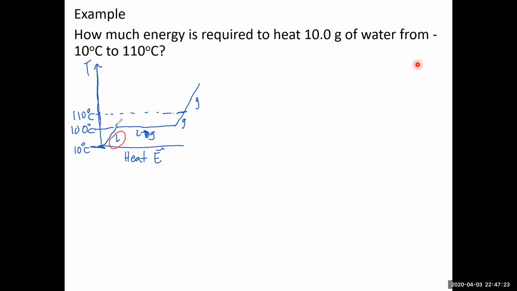And then once we're at 100 degrees Celsius, we have the phase change from liquid to the gas state. And then lastly, between 100 degrees Celsius and 110 degrees Celsius, we are converting into our gas state. Now it's important to note that we're going from 10 degrees Celsius to 110 degrees Celsius and not the other way around.